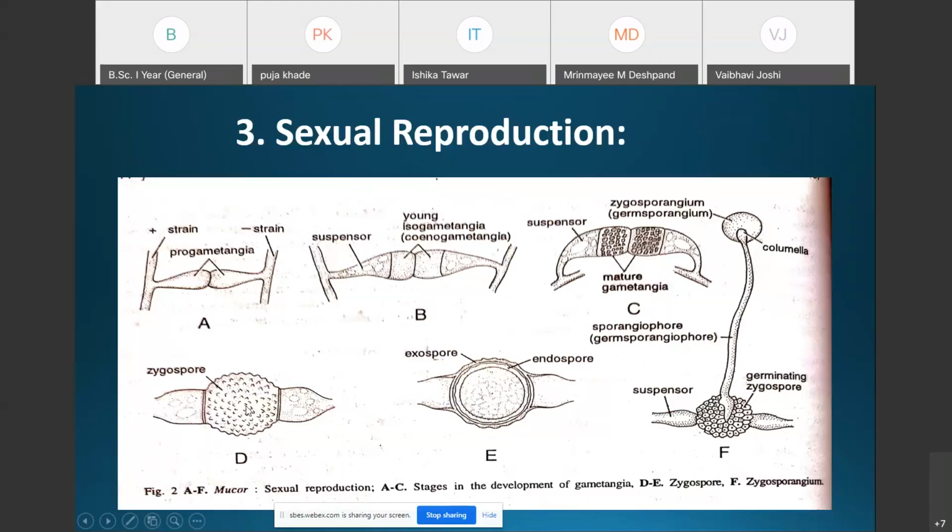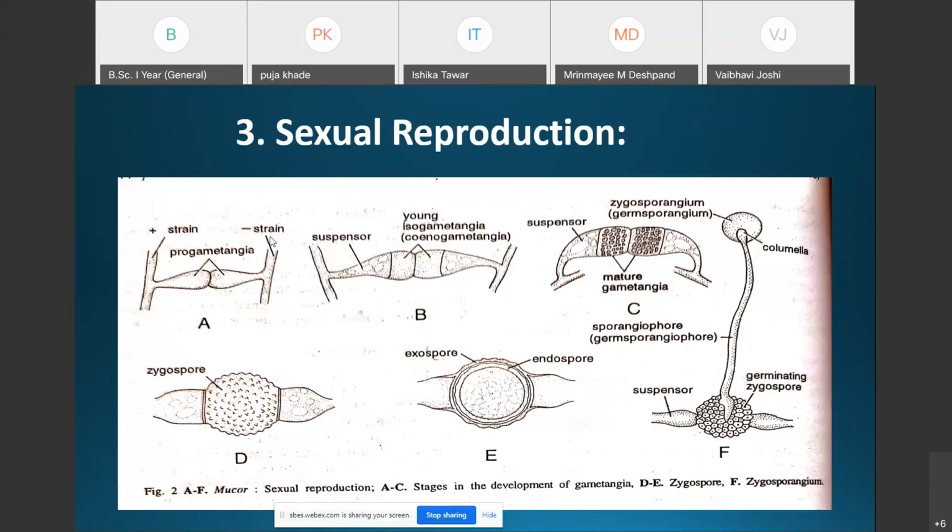Then in the zygospore, the nuclei of the opposite strains fuse in pairs. In the zygospore you can see the presence of nuclei, some of the positive strain and the others of the negative strain.